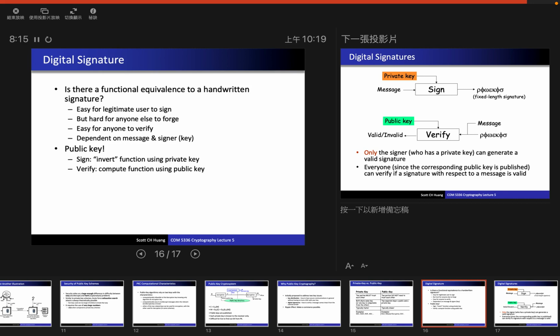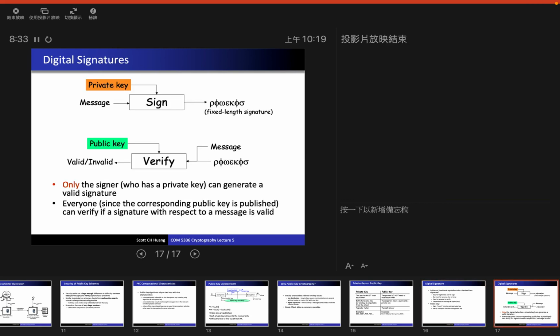And in many cases, it's a reverse use of some public key crypto system. So it's kind of like inverting a function. The signing operation depends on the private key, and then the verification depends on a public key. So it's almost the opposite.